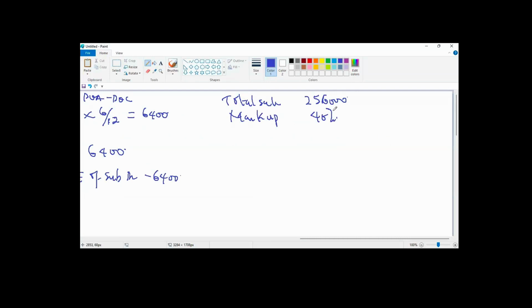Markup 40%. He has sold 166.4. Sold, that means we need the unsold: 256,000 minus 166.4. How much is the unsold now? Please help me with the figure. 89,600. Thank you, my sister.